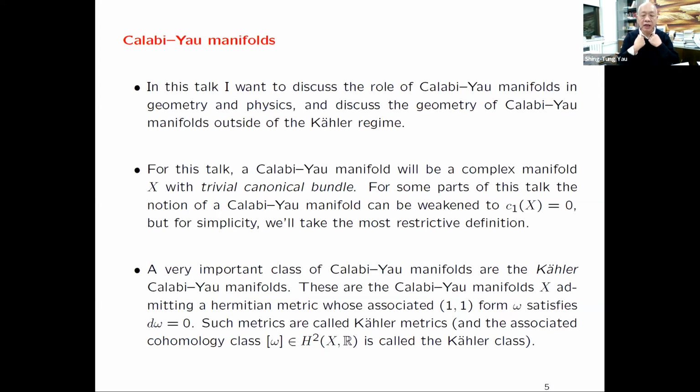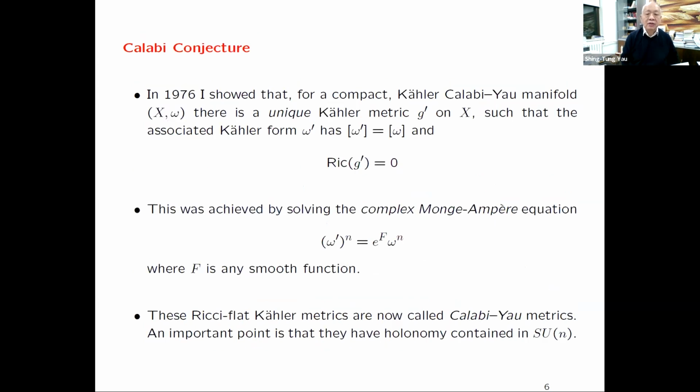A very important class of Calabi-Yau manifolds is, of course, Kähler manifolds. They admit a Hermitian metric where omega is Kähler, and these are called Kähler manifolds, with a Kähler class.